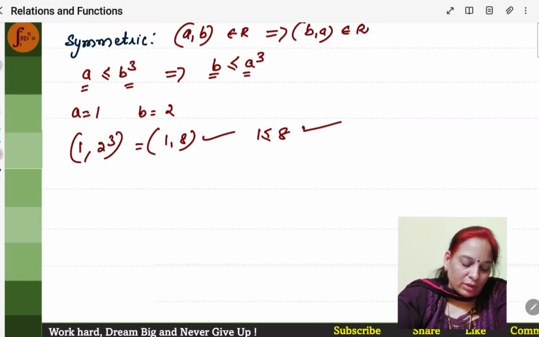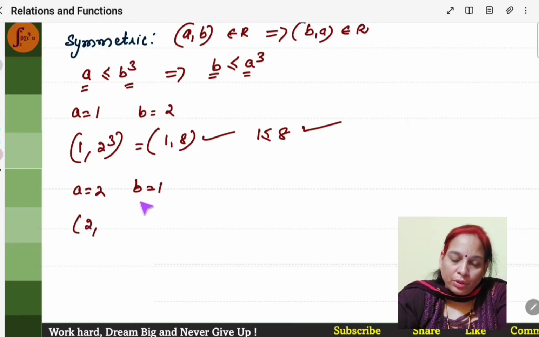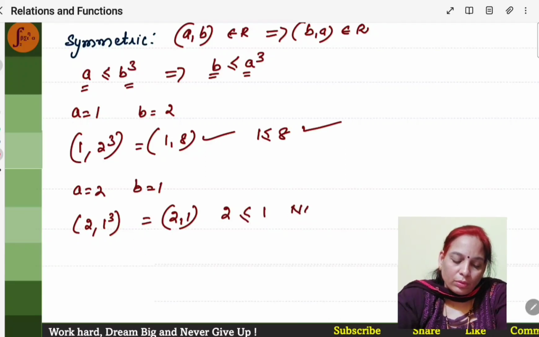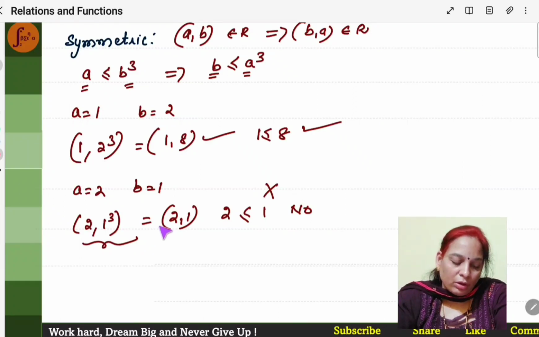Now we'll reverse this. We'll take A as 2 and B as 1. So it will be 2 comma, it should be B cube, so 1 cube. So which is going to be (2, 1). Now is 2 less than or equal to 1? No. So the (B, A) condition is not getting satisfied.